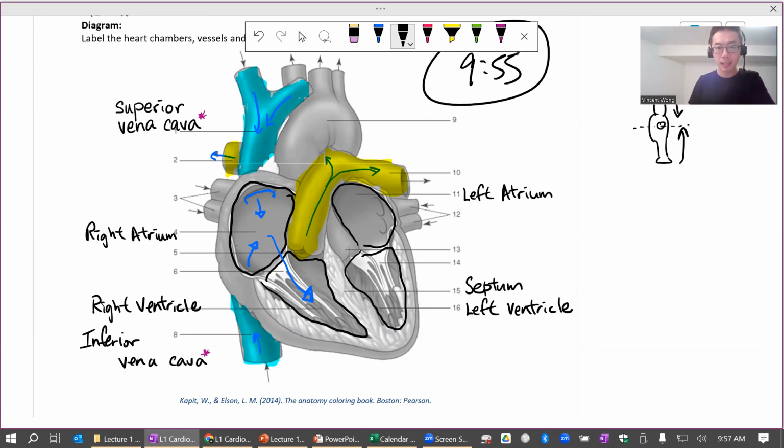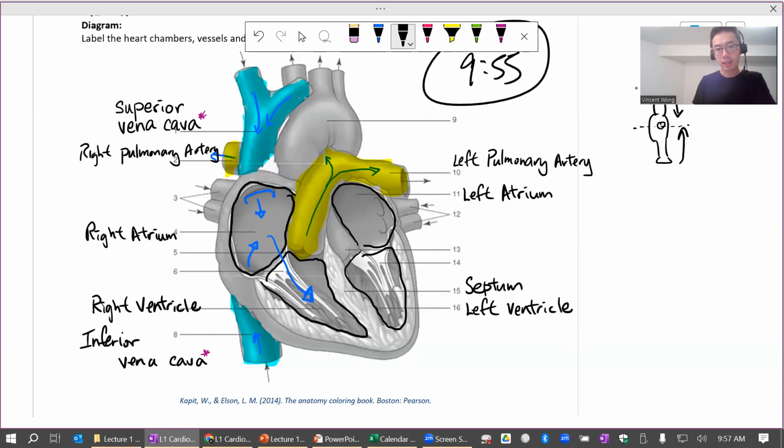So this is the left pulmonary artery. And then here it goes behind this thing, but it comes out here, and that's the right pulmonary artery.